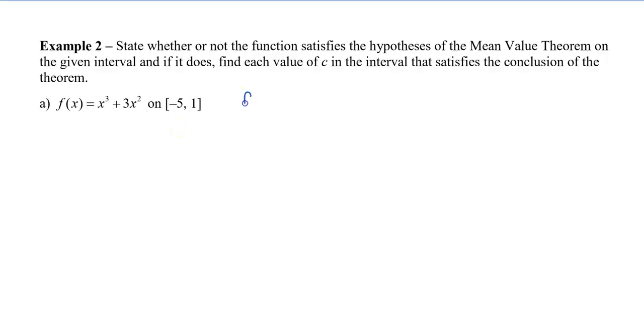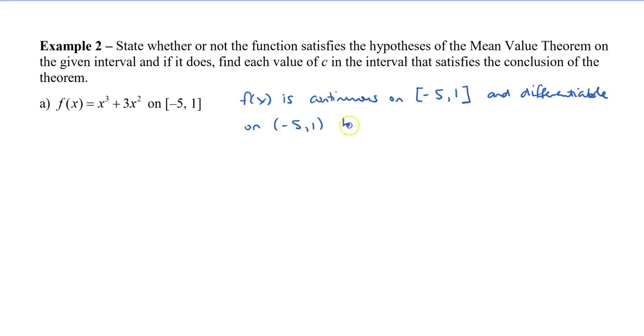So we're going to write that down. f of x is continuous on the closed interval -5 to 1 and differentiable on the open interval -5 to 1 because f of x is a polynomial.